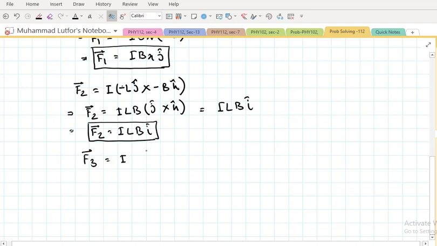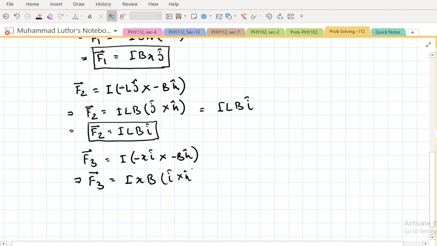So then I'll write minus X I hat cross minus B A hat. B is into the screen. Then I'll find this F3 would be, minus minus going to plus, I X into B into I cross K.